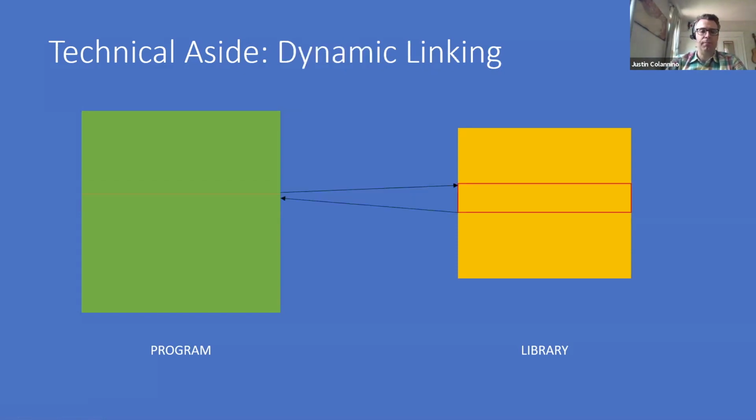Dynamic linking works differently. You have a copy of the library on your computer, and you have a copy of the program on your computer. When it's compiled, the compiler knows that you have to link up with that library if it's present. As the program's running, it hits this line, the processor loads in the library, loads in that function, executes the function, and then returns it back to your program.